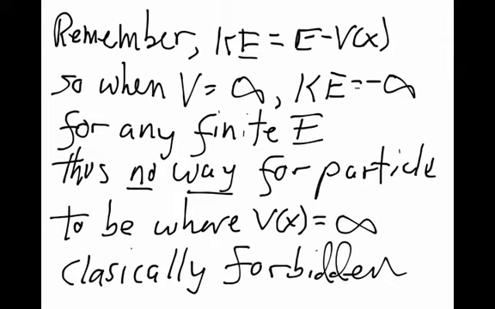Now that word classical should always be a warning to you that we're going to begin to tinker with this later. But for the potential being infinitely high, V equals infinity, that's going to turn out to be a completely sound restriction under any circumstances. You just can't be there. The particle is a complete prisoner to this space between 0 and L.